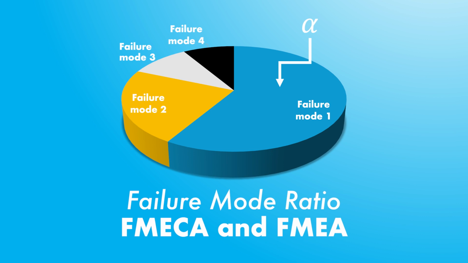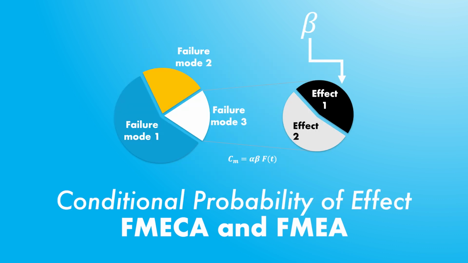To differentiate between the alpha and the beta, remember that the alpha represents the failure mode ratio, indicating how often an item will fail in a specific manner. On the other hand, beta is the conditional probability of a failure effect happening when a particular mode occurs. Beta is often set to 1 to consider only an end effect resulting from a failure mode.